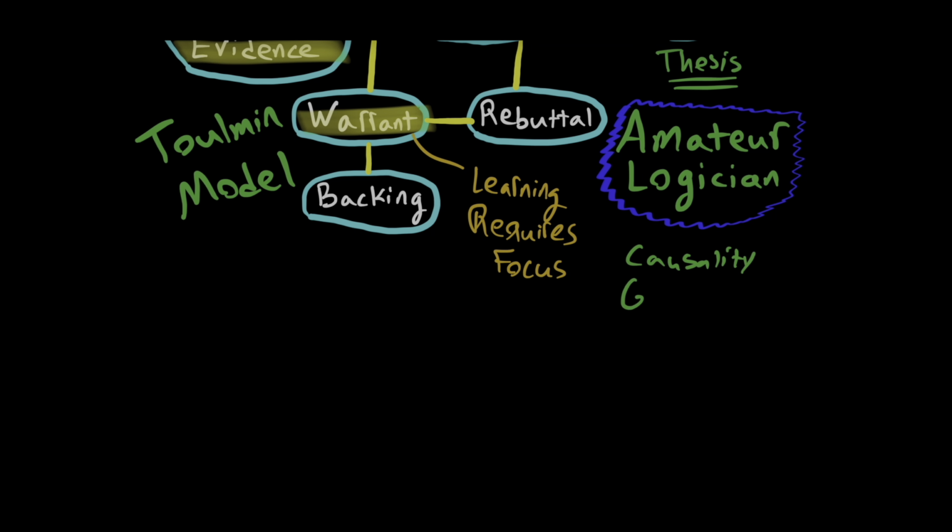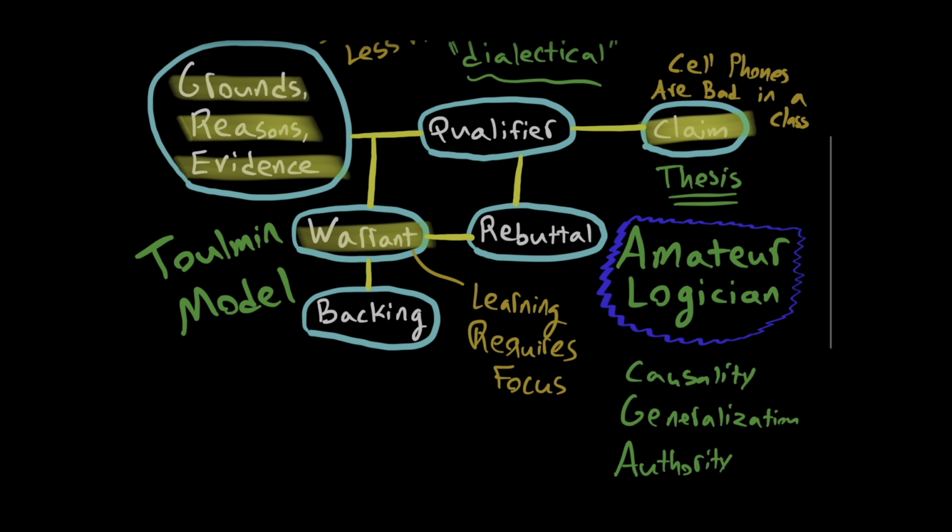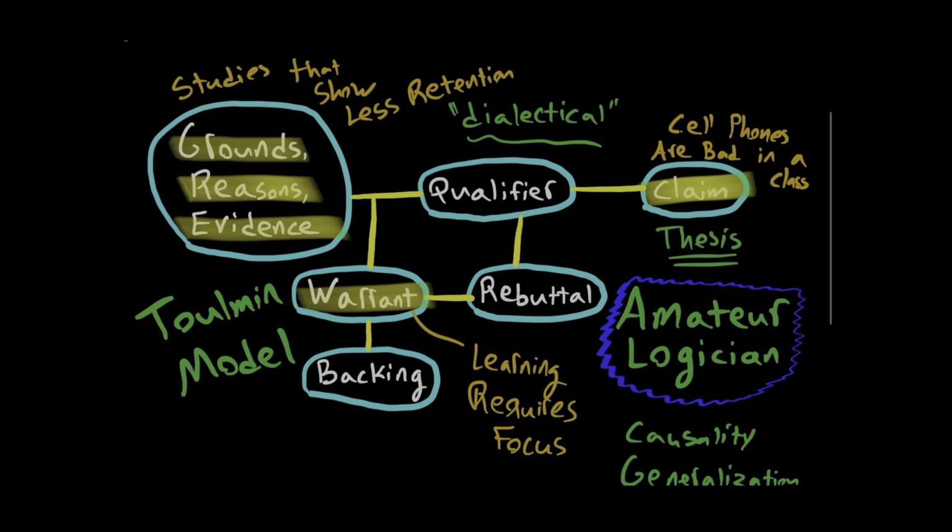Another one is generalization, making a generalization by inferring a characteristic that all have of a certain type. It could include arguments by testimony or authority, and so on. So remember, the warrant really connects the grounds, reasons, or evidence to the claim.